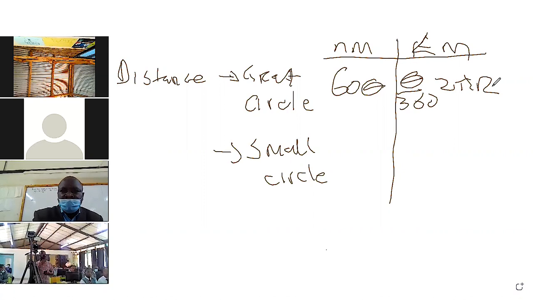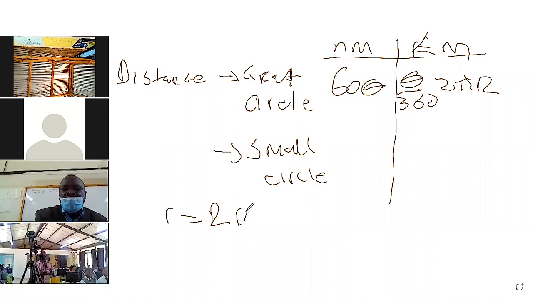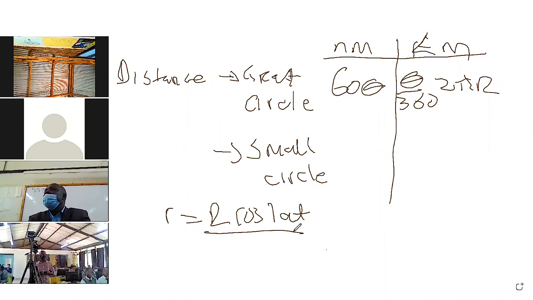Then for the small circle, the radius of the small circle is given as r cosine of the latitude, where r is the Earth's radius. Since we are comparing the two, the only thing you need to do is add cosine of the latitude at the end of these formulas.